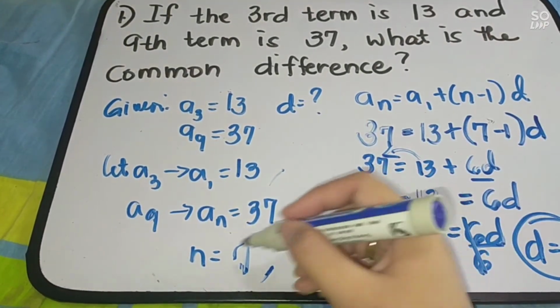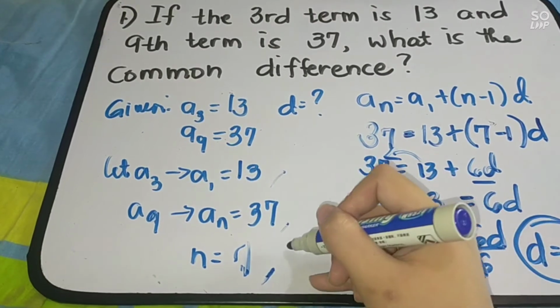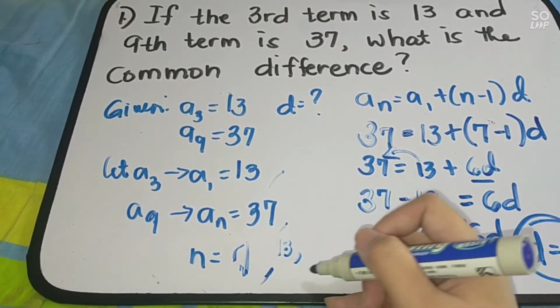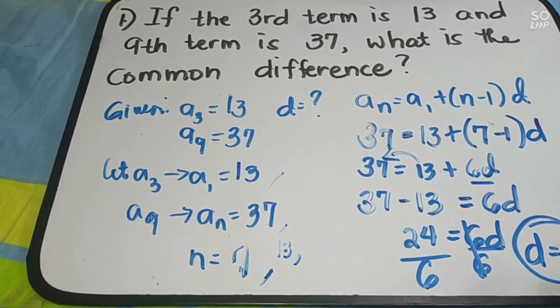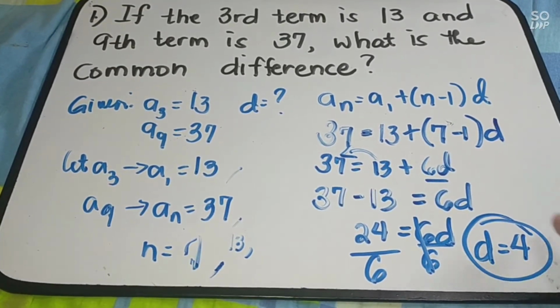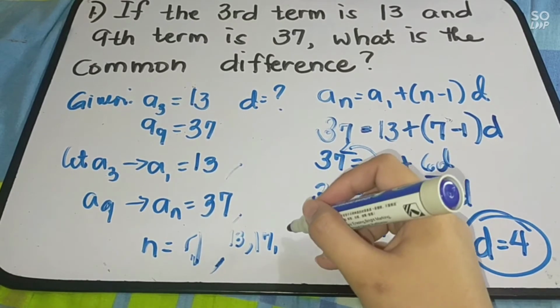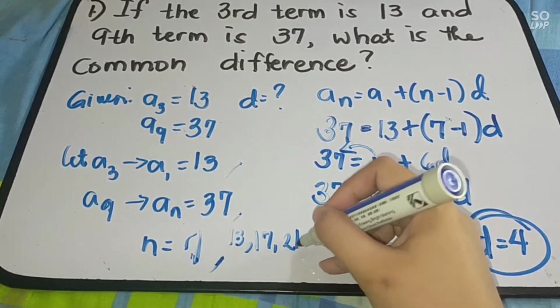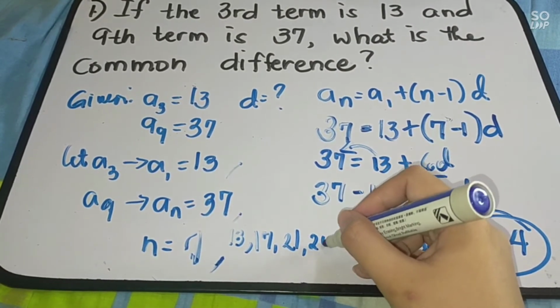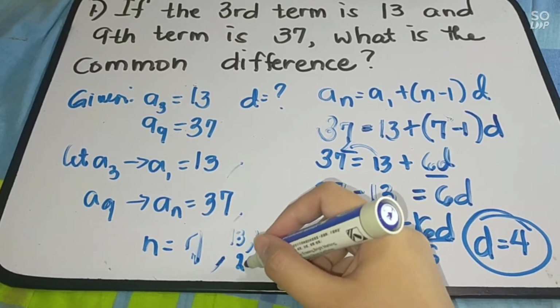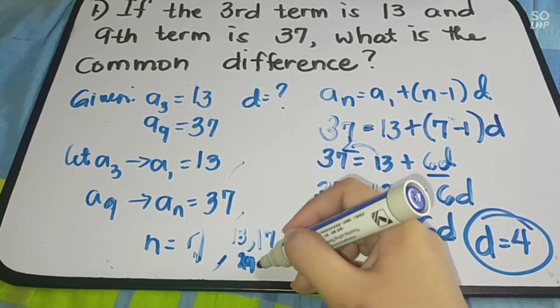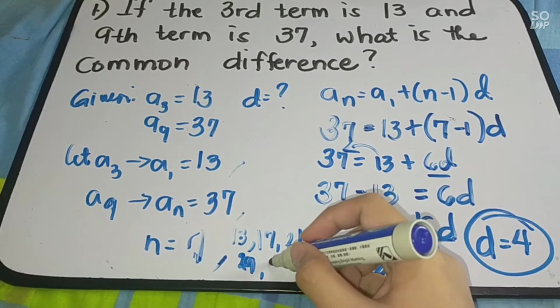Start tayo kay 13. You have here 13. The common difference is 4. Ang common difference natin ay 4. So, 13 plus 4. Ang sagot diyan ay 17. Pag inadd mo ulit si 4, that is 21. Next, we have here 25. Next, we have here 29. Next, we have here 33.